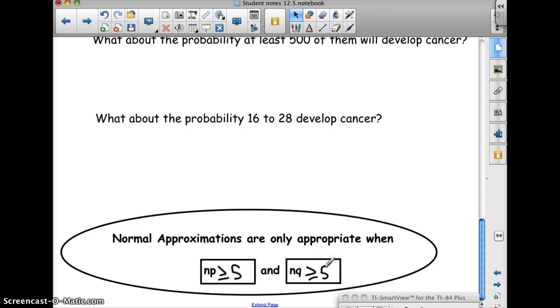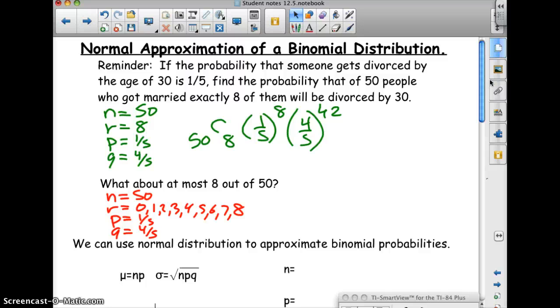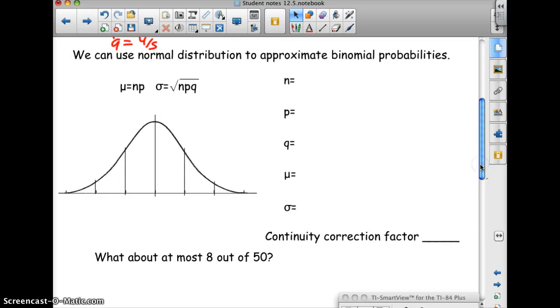If I go back up to my example here, that would be 50 times 1/5, which is 10, and 50 times 4/5, which is 40. Those are both greater than 5, so it would be appropriate to use this normal distribution.